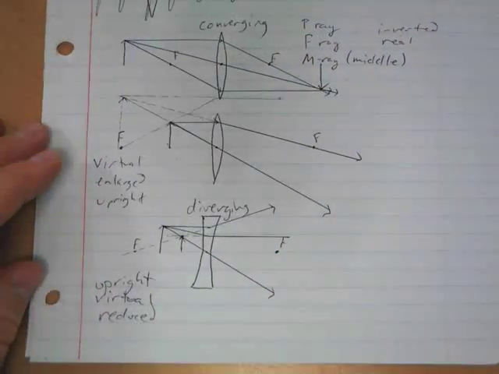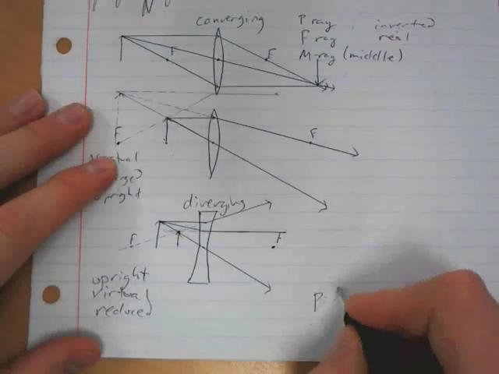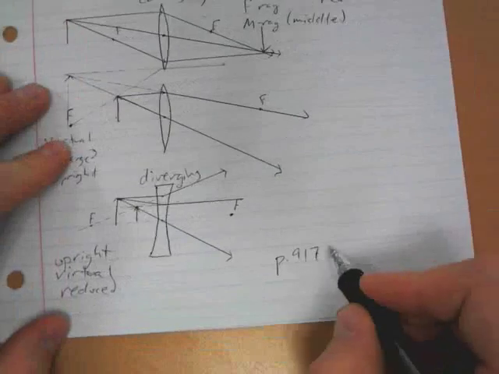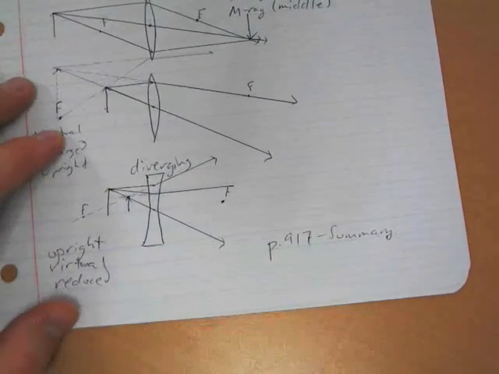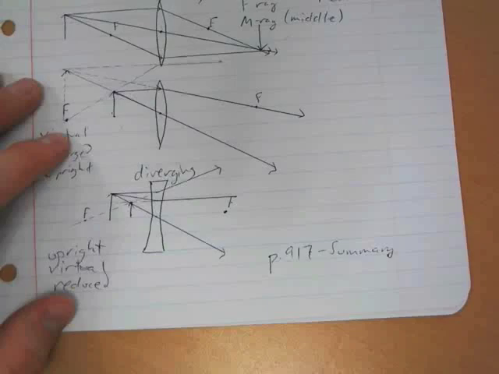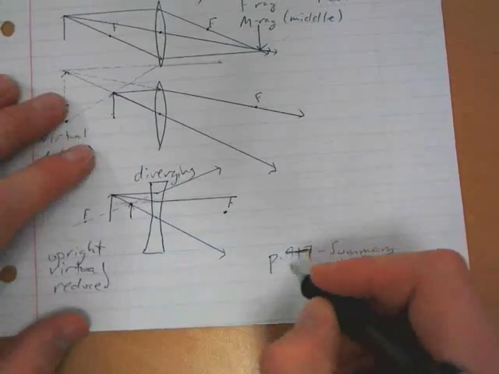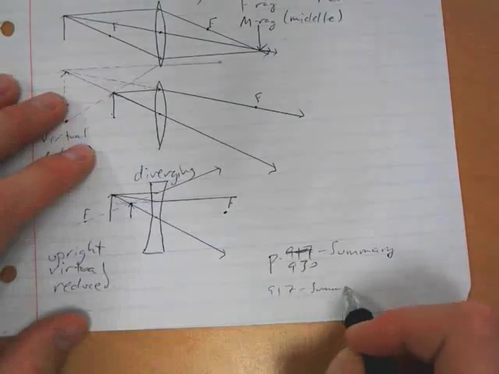And in your book, on page 917, there's a summary of the different types of images formed, much like the summary for our lenses. If you compare, not 917, 930. 917 was the summary for mirrors.